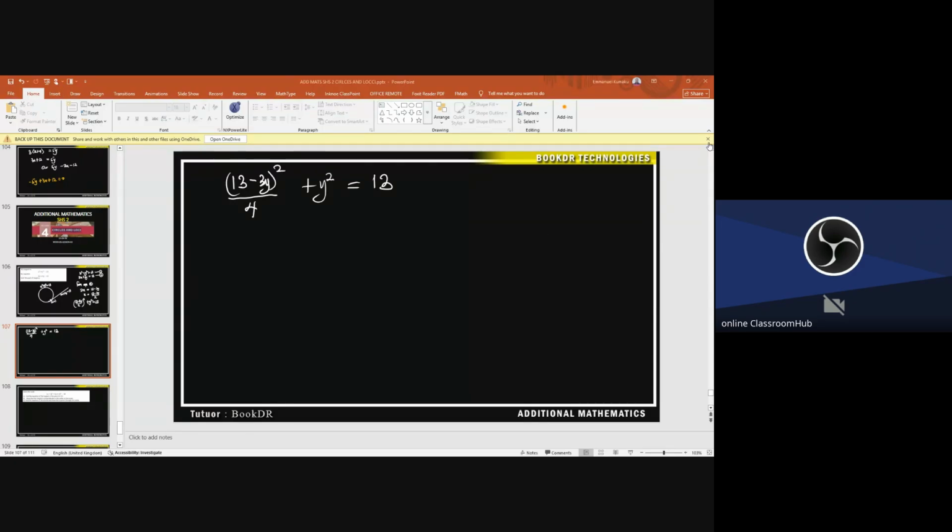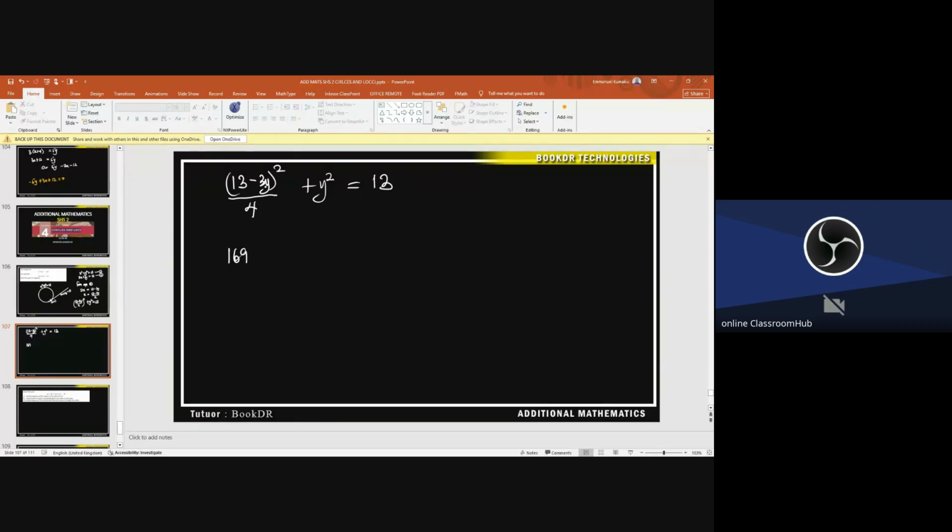Let's proceed. So we are going to use the Pascal triangle to expand this bracket. If you cannot use the Pascal triangle, then you can expand this step by step. So by the Pascal triangle, we'll square the 13, and that is 169.